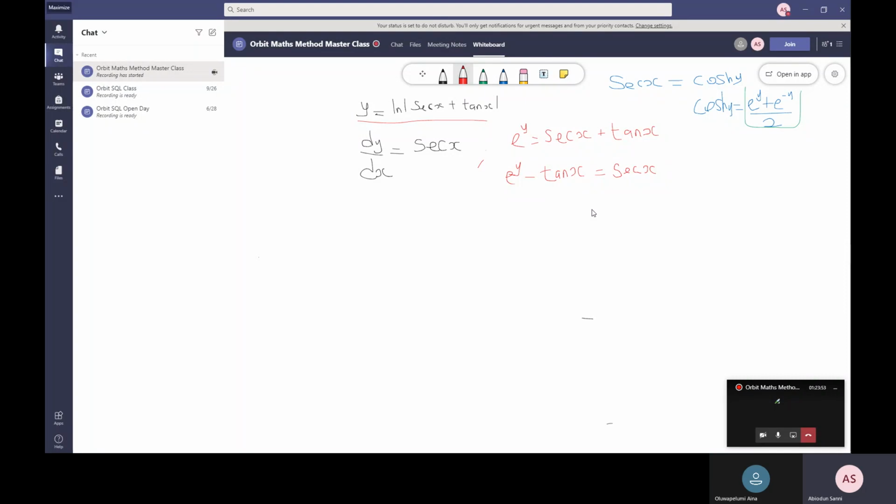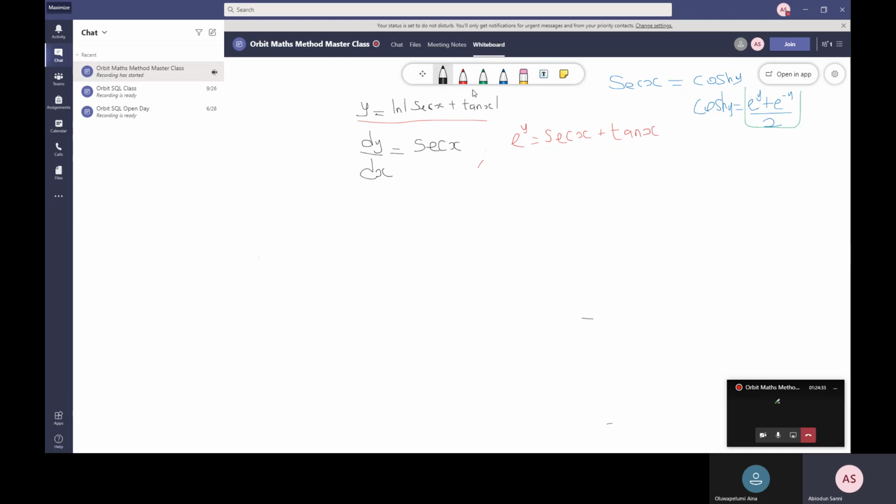If I do 1 over exponential y, I have 1 over this. Should we follow that method? I'm looking for the shortest thing I can do to solve this problem. Okay, let's try and go that way.